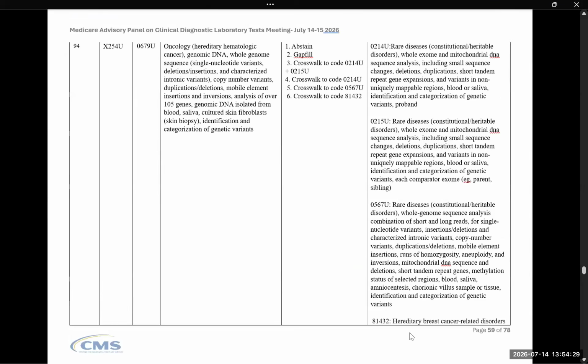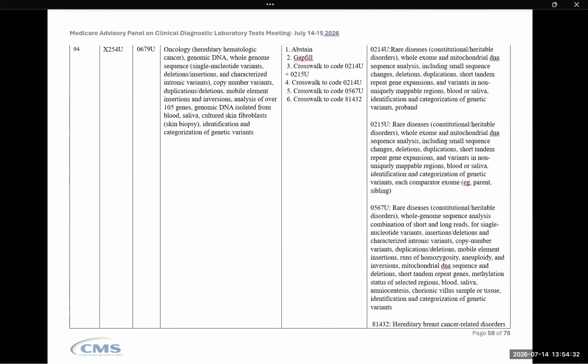0679U. Yes. So this code is again a hereditary cancer panel with, it's stated here, whole genome sequencing in this assay, including SNVs, deletions, insertions, intronic variants, copy number variants, etc. The sponsor of this code had recommended, I believe, 0214U plus 0215U as one option to consider.